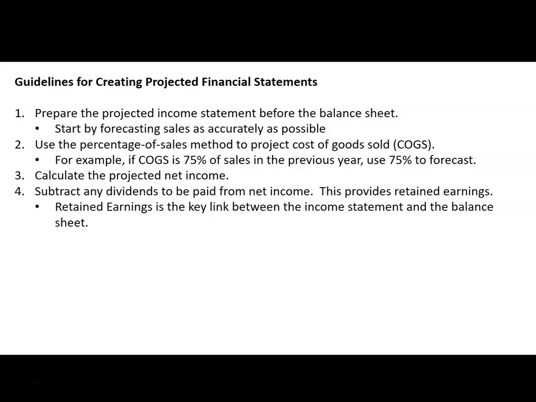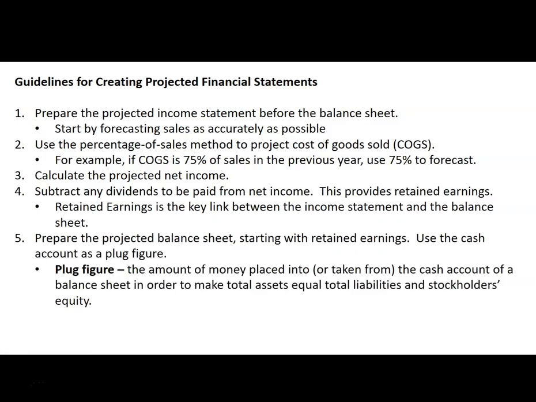So if you decide you want to pay out a dividend, or your firm is already paying out dividends and you're going to continue doing that, those need to be subtracted out from net income, which gives you your retained earnings. This is a very important line item because retained earnings is going to be our link between the income statement and the balance sheet. I'll show you that in just a minute.